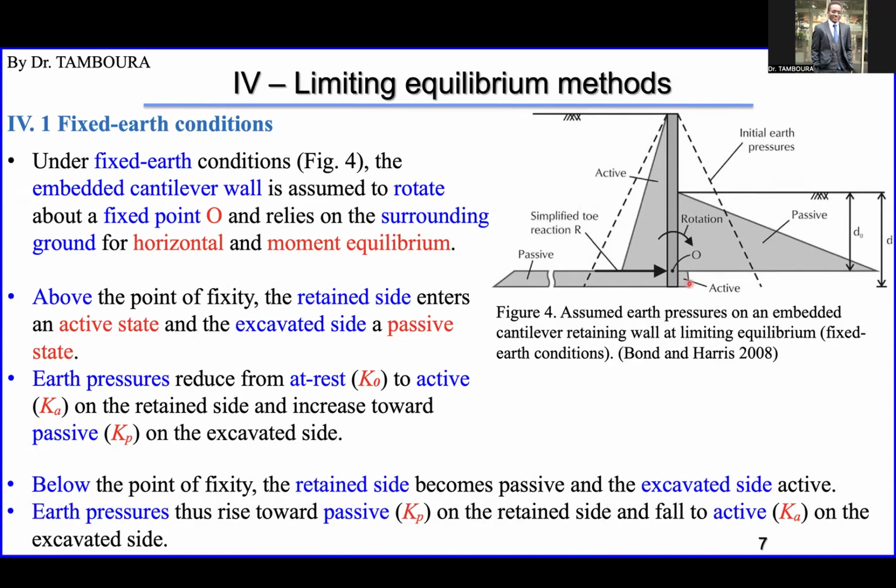So it means the earth pressure rises to passive on the retained side, and falls to active on the excavated side. Passive means the wall is pushing on the soil. Active means the ground is pushing on the wall.